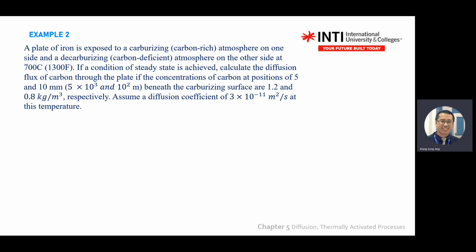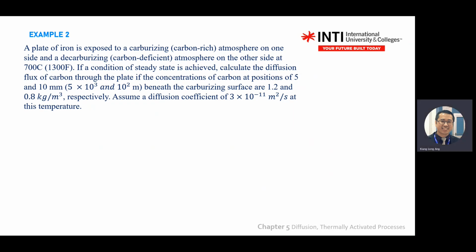One side is rich, one side is poor or low concentration. If the condition is steady state achieved, again, what is steady state? You will see a drop of a straight line on the curve of concentration versus X. This one, C versus X, you see a linear line. Calculate the diffusion flux. This equation is J equals minus D dC over dx. This dC over dx is actually the gradient of your graph.